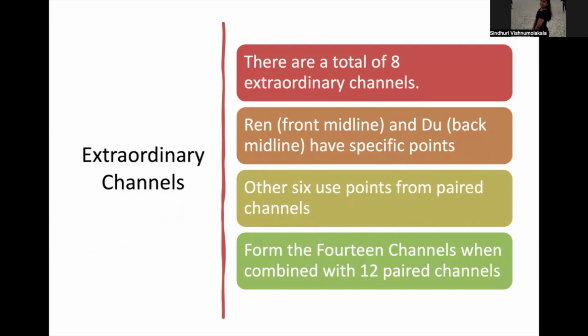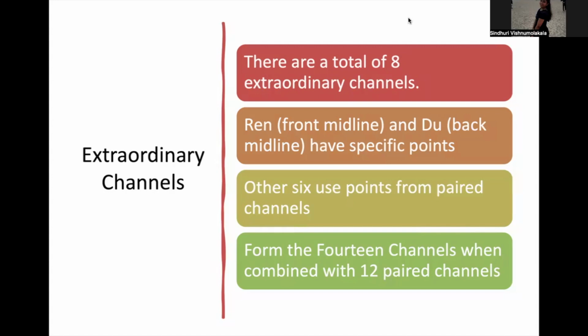One is known as Ren, or conception vessel, which passes in the front, exactly in the midline. And the second extraordinary channel passes in the back midline and is known as Du, or the governor channel.